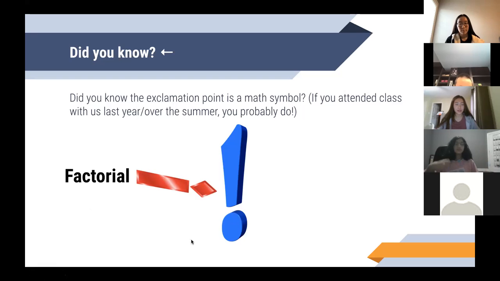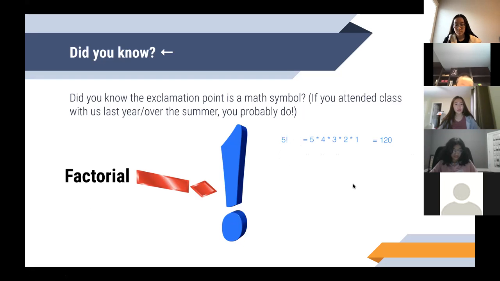If I have, let's say, 5 factorial, that means all of the integers going down to 1, decreasing, and you multiply all of them together. So 5 factorial is equal to 5 times 4 times 3 times 2 times 1, which is 120.